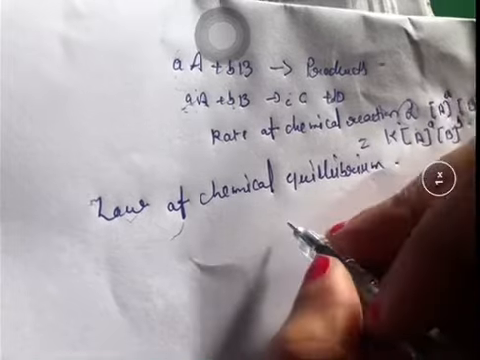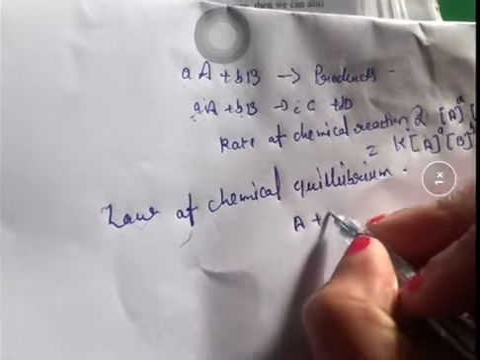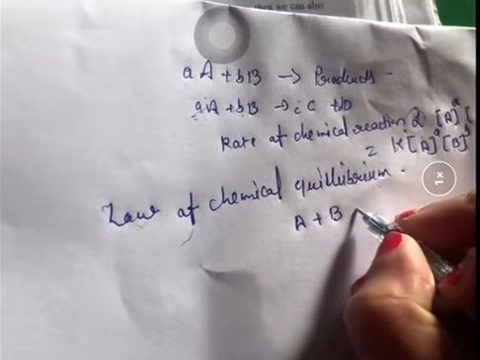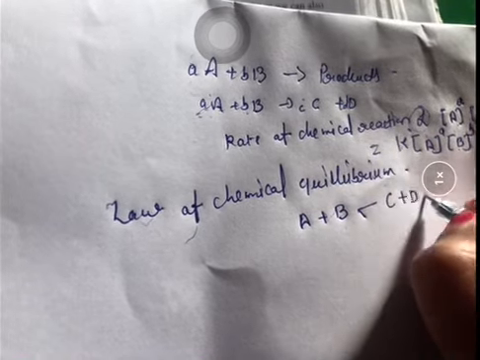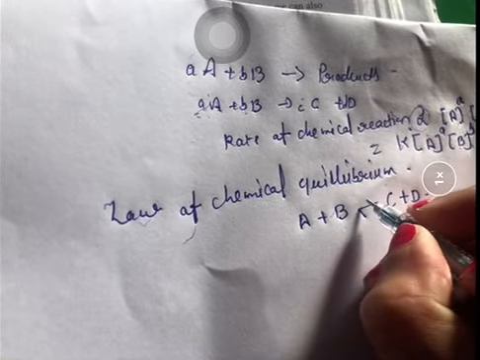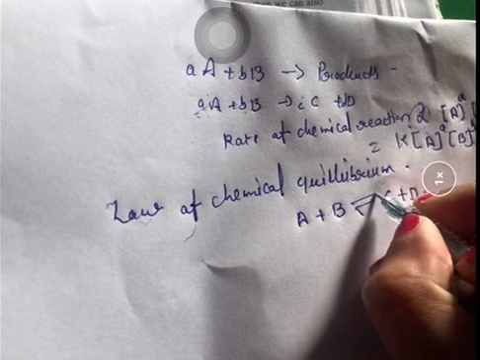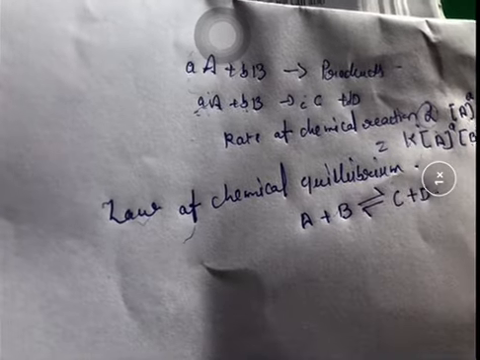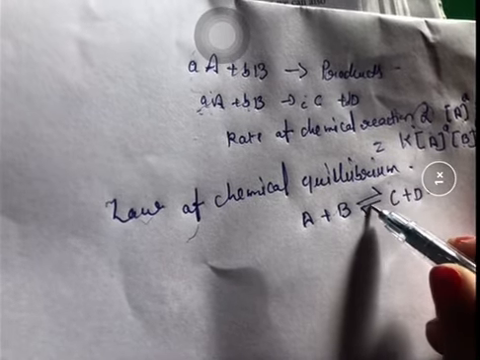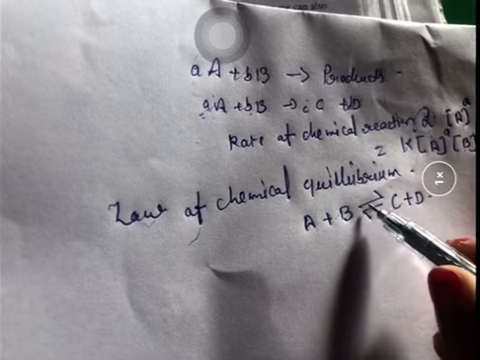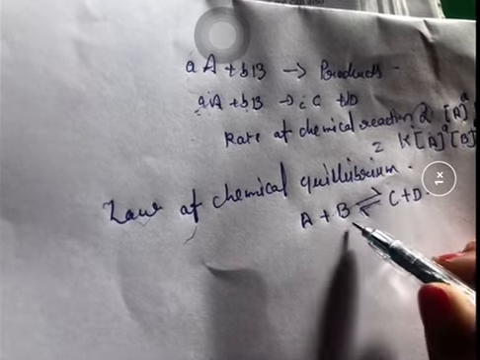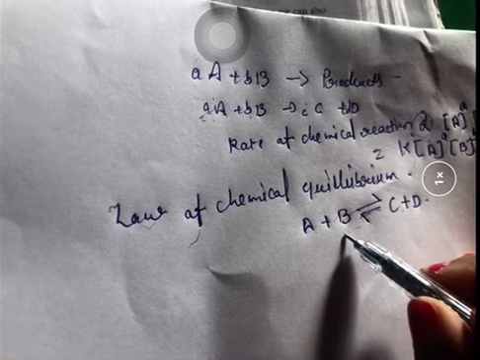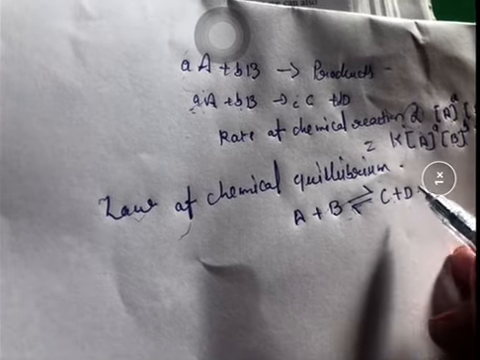For example, we are considering a general reaction. Clear? This reaction is reversible in nature. We are taking the reactants in a closed container. Clear? The rate of forward reaction and the rate of backward reaction will be defined according to the law of mass action.